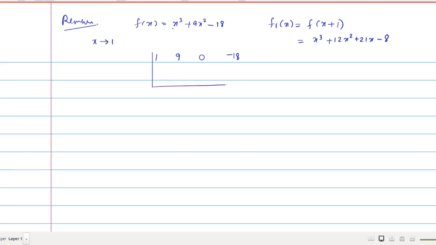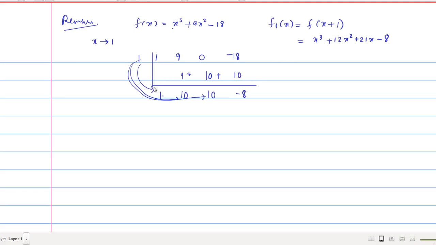Now we consider 1 here, which is nothing but the division of f of x by x minus 1. Using the synthetic method, place that 1 here and multiply it with this number, that will give 1 again, and adding these two numbers will give 10. Then multiply this 1 with 10, that is 10 again, and add these two numbers, that will give 10. Multiply it with 10, that will give 10 again, and by adding this you get minus 8.